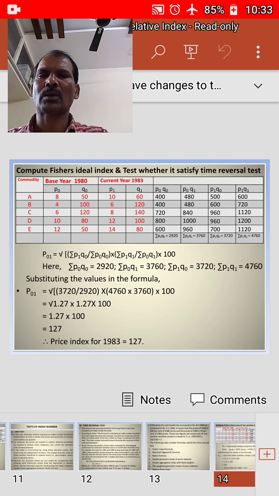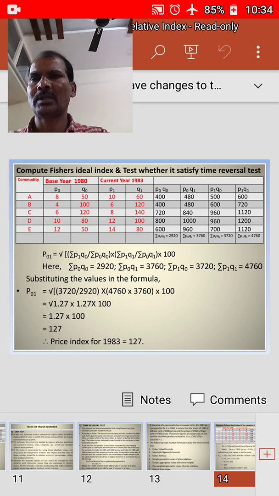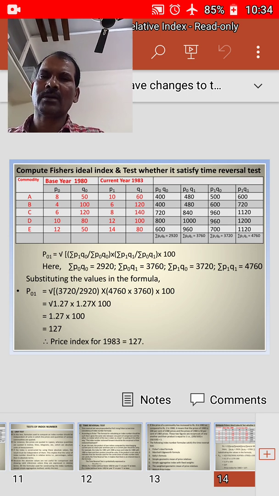We'll consider one problem, that is, whether Fisher's ideal index satisfies the tests. We'll see whether the given data satisfies them or not. We'll look at the PPT. It is given that the commodities are A, B, C, D, E. Base year is 1980.